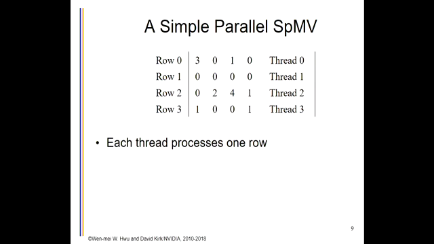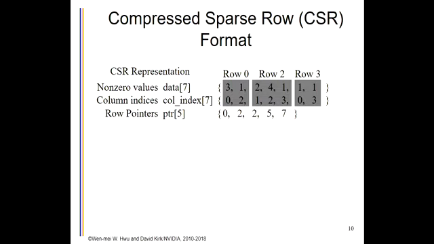Thread 0 is going to do the row 0 inner product with the x vector, and thread 1 is going to take row 1 and do the inner product with the x vector, and so on. So this is a very natural, very simple assignment in terms of parallel computing, right? There's nothing special about that.